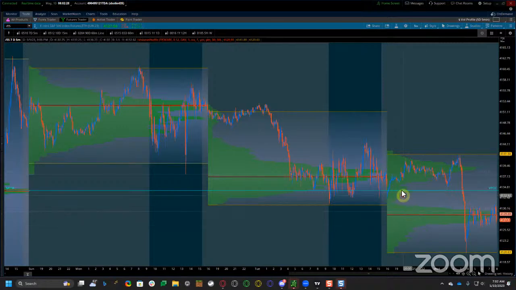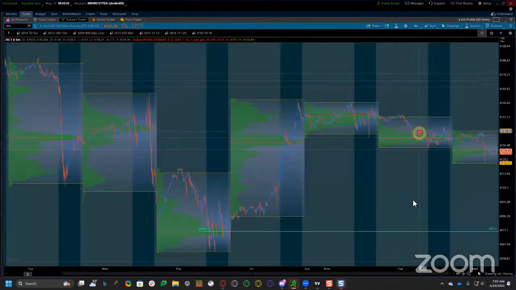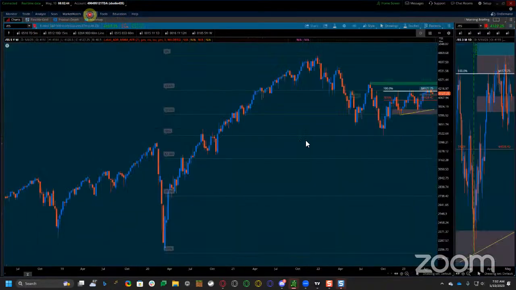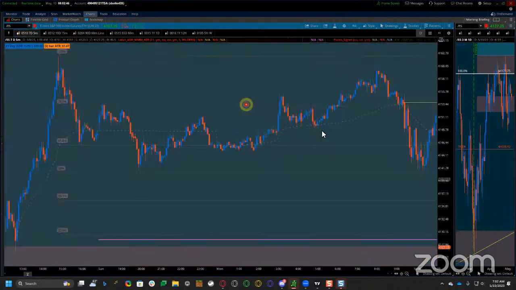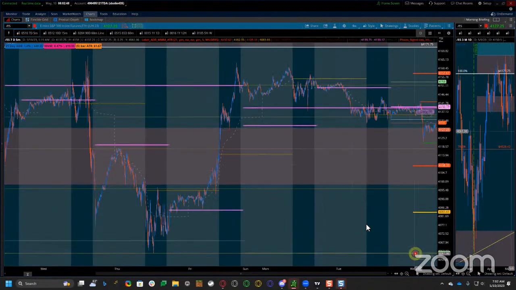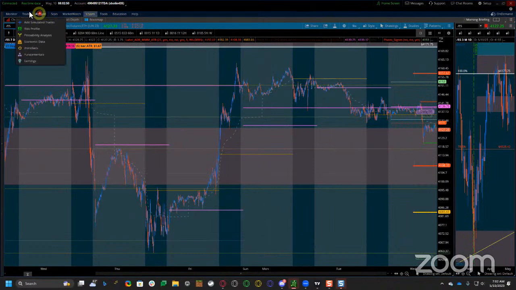Maybe it was just a coincidence, right? So no VPOC from yesterday. We still have one at 40.76, and that is in range, right? That is part of the measurement that we did earlier here. 40.62.